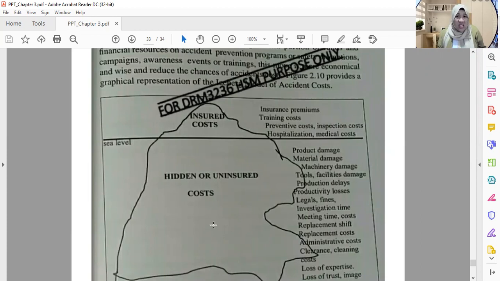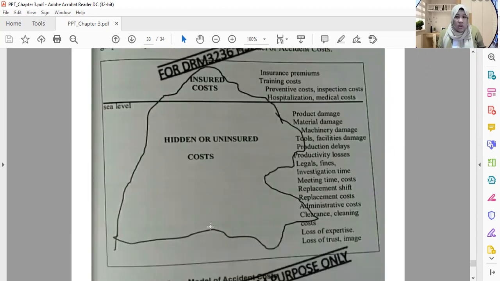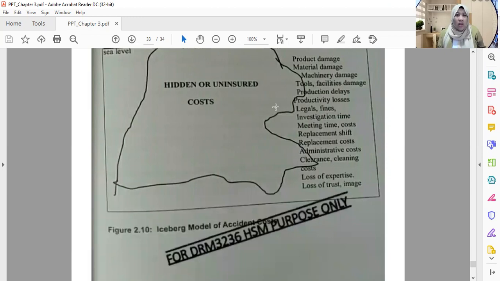But there are hidden or uninsured costs, which are a lot, in terms of product damage, material damage, machinery damage, and after all, loss of trust and image. So this is the iceberg model of accident journey.